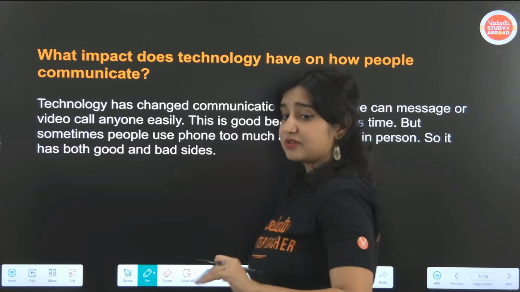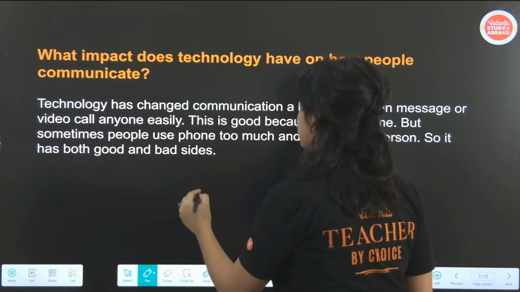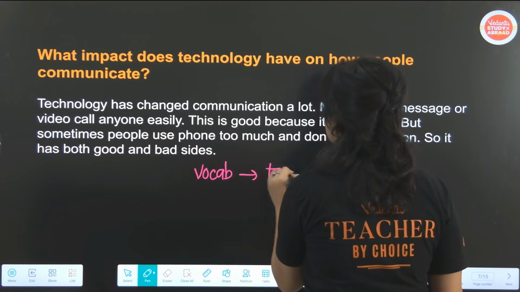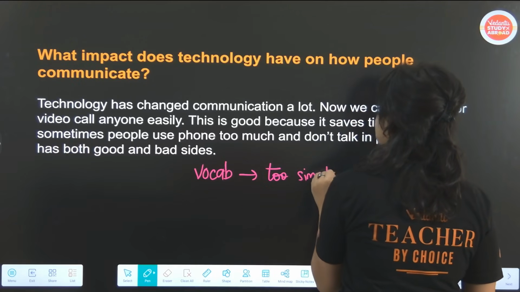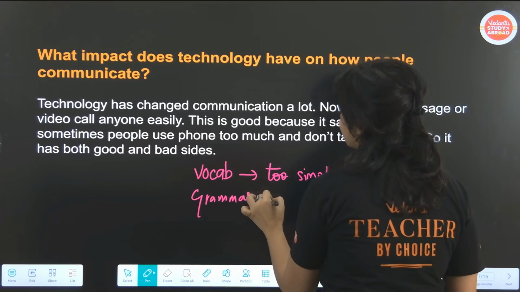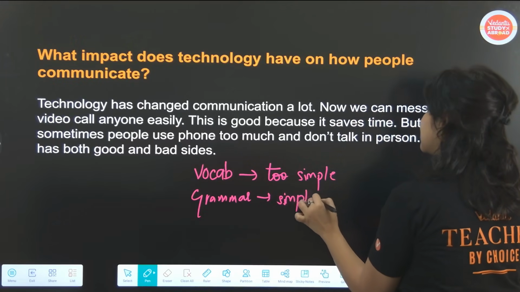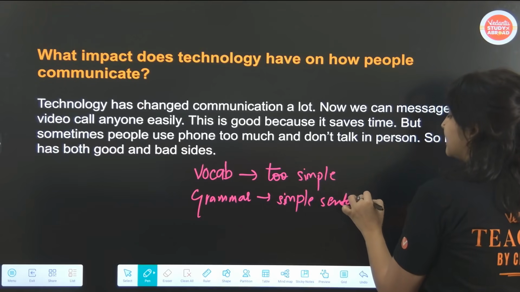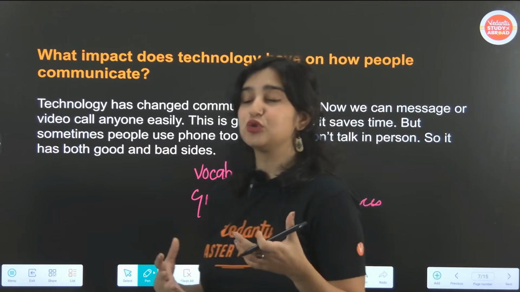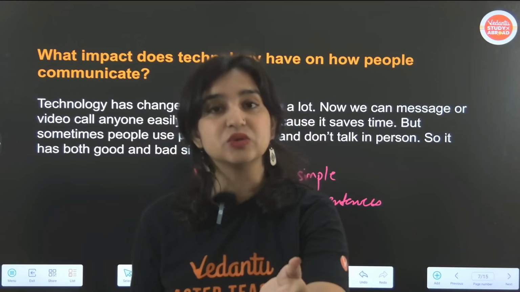Now the first issue, the very first glaring issue that I see here is vocab too simple. In terms of grammar, the sentence structures are all simple sentences. Sentences are too short, so they are ending quickly. And see, the issue with having too many simple sentences, this only.